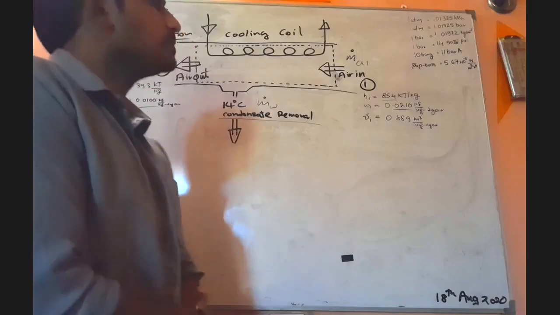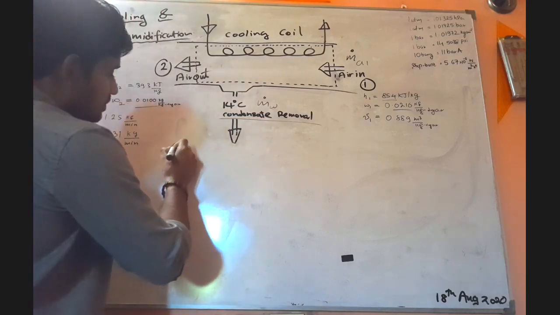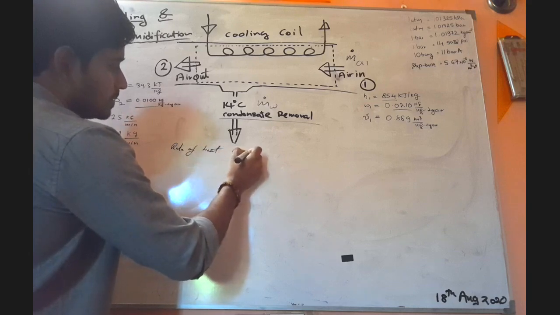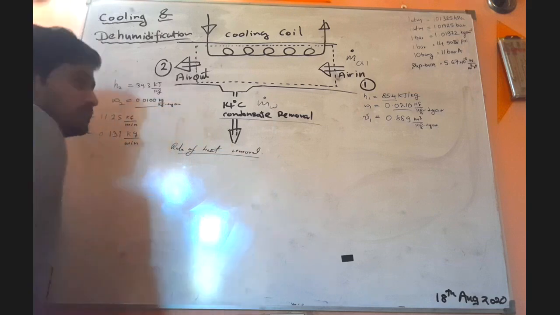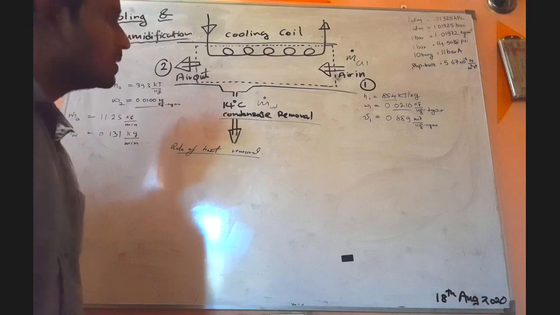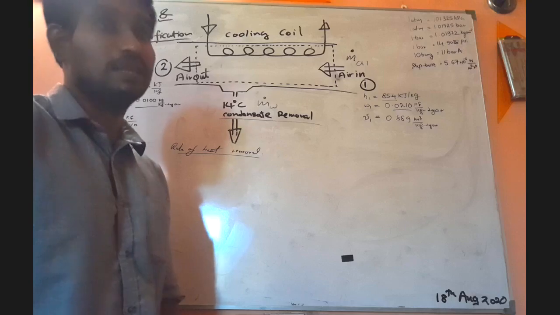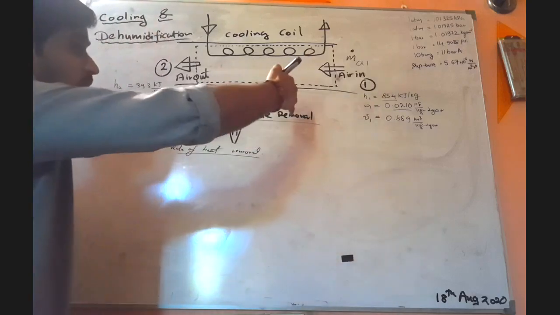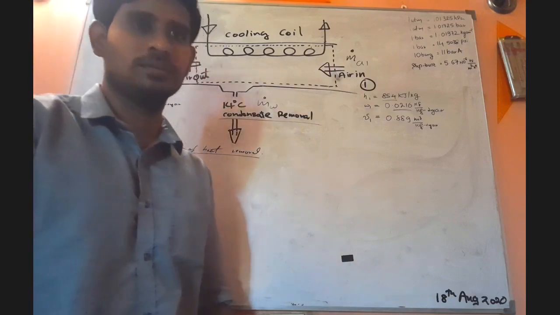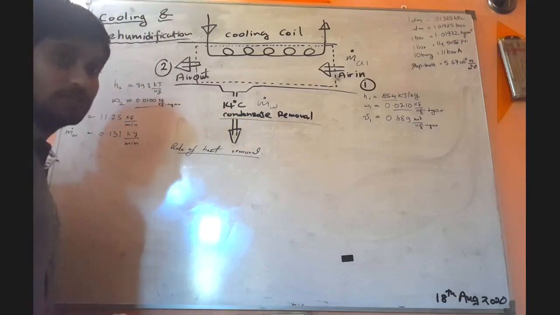So now let's see how to find the rate of heat removal. In order to find this, we need to use an equation based upon balancing the input energy and the output energy, because we have to balance energy. So let's construct that equation.